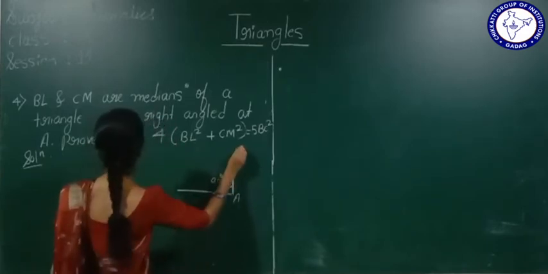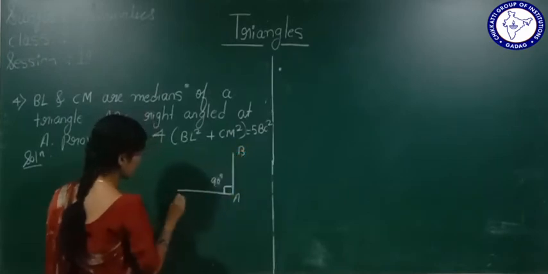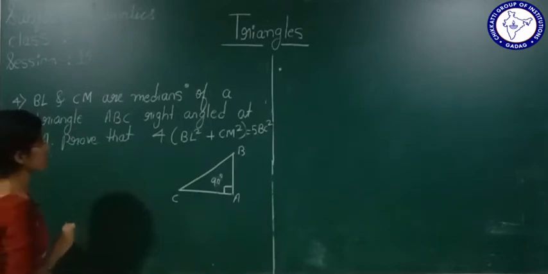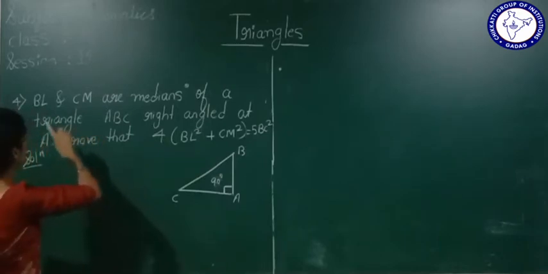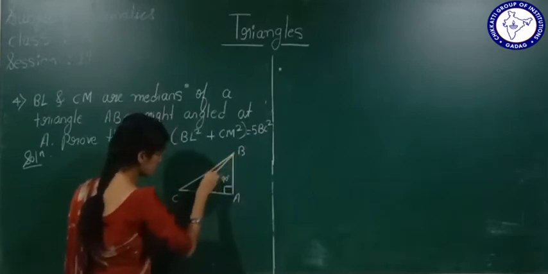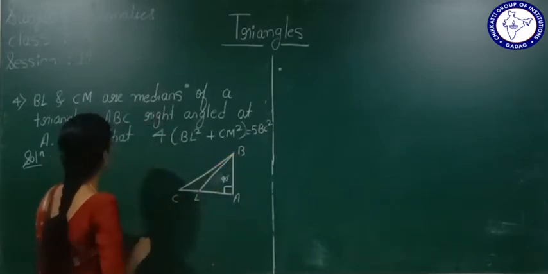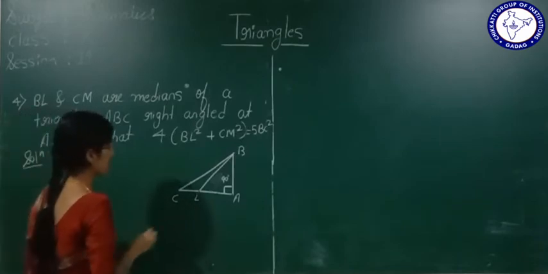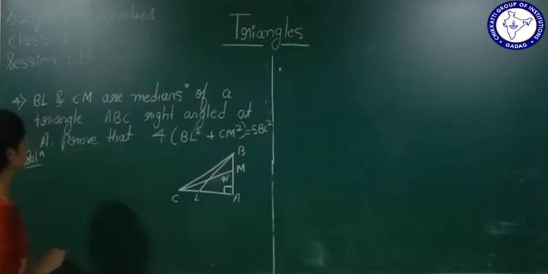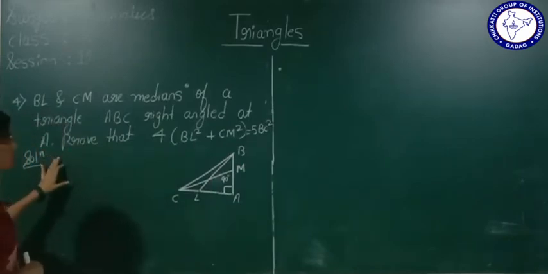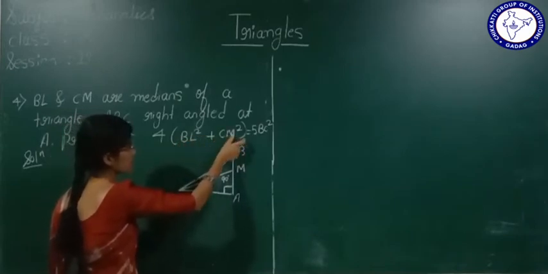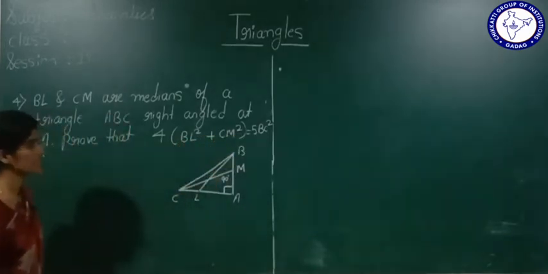ABC is a right angled triangle in which angle A is equal to 90 degrees. BL and CM are the medians. What we have to prove here is 4 times BL square plus CM square is equal to 5 times BC square.